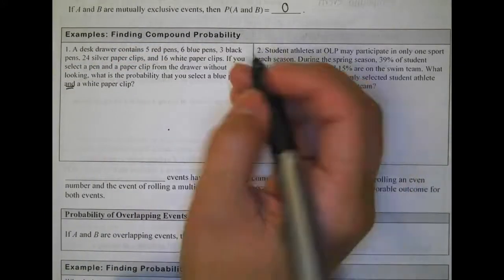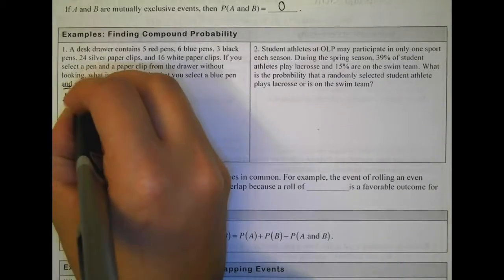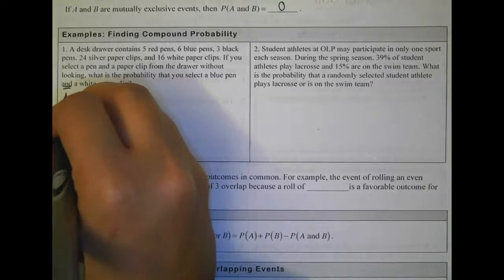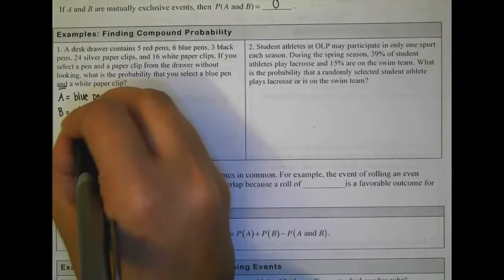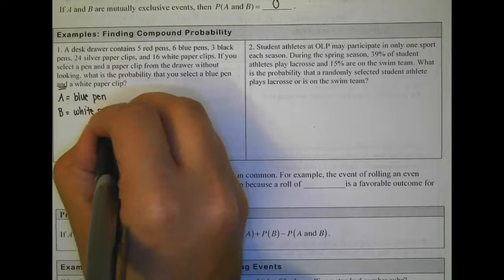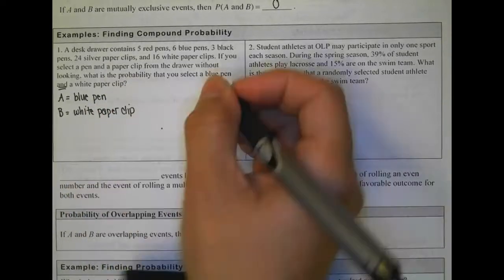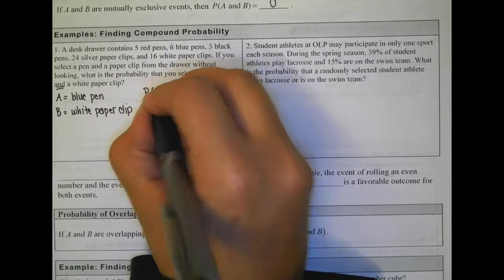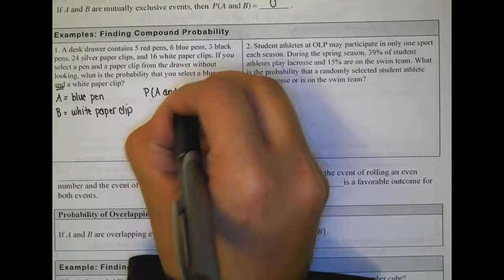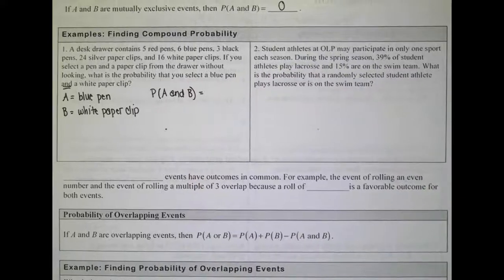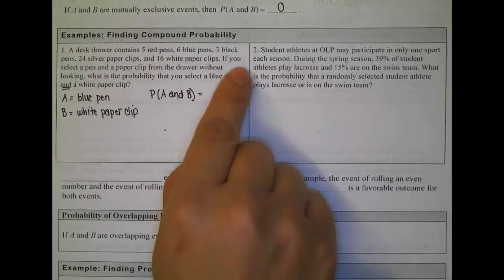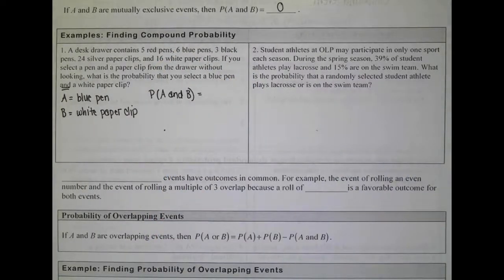Okay, so let's make event A be selecting a blue pen. And event B, this is going to be the white paper clip. Okay, so we are trying to find the probability of A and B. Now if you think about it, if I'm selecting a pen from my red, blue, and black pens, that is not going to affect the number of paper clips in the drawer.